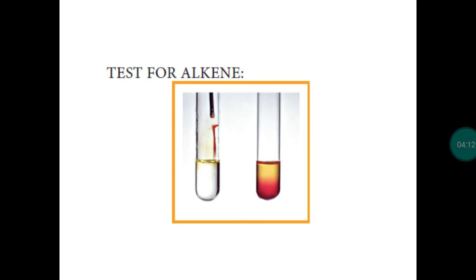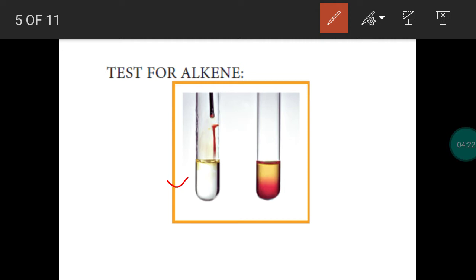To identify saturation and unsaturation, this halogenation is an important reaction. Take the organic compound in a test tube and add bromine water. Usually the liquid bromine is kept in water, so bromine water will be brown in color.